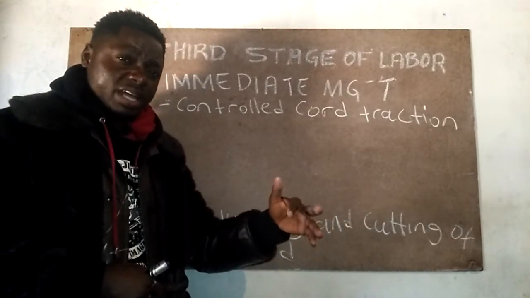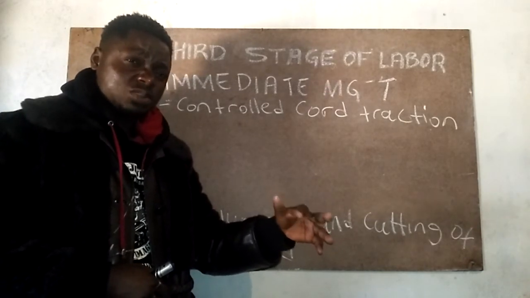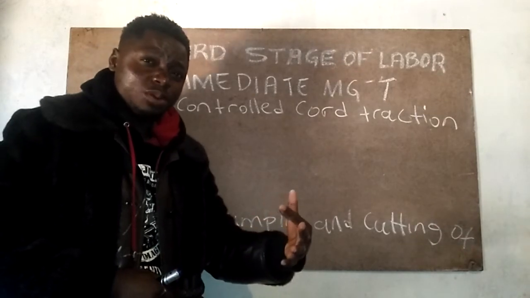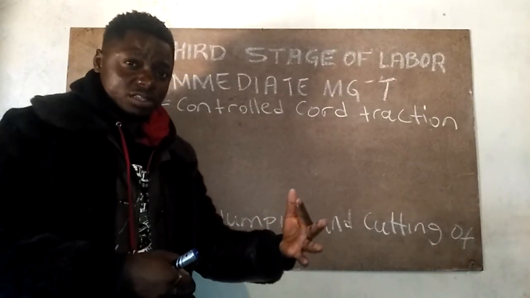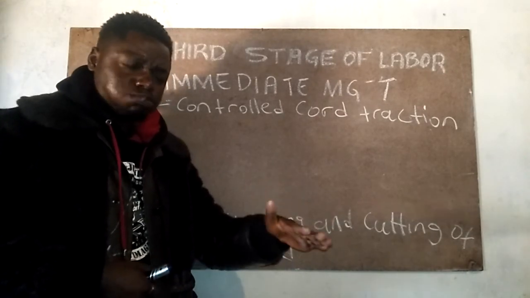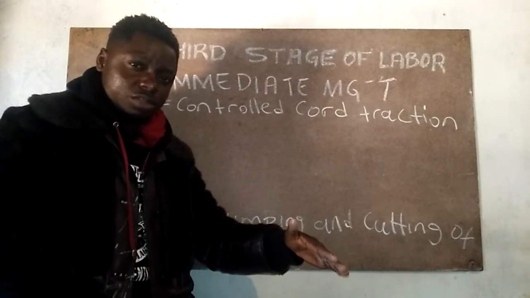You wait for the mother's uterus to contract a little bit. Once you see that the uterus has contracted, normally it feels round like a ball or a tennis ball. Once you notice that, then you can start holding the uterus back while you are pulling on the cord.